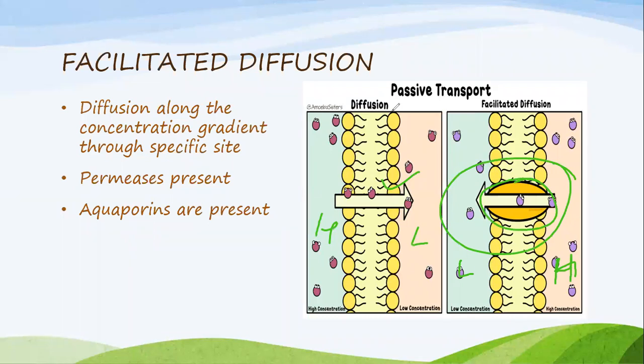Okay, and see, they have a specific configuration suitable to a particular particle, so a specific particle will pass with the help of a specific protein, permease. So if I talk about facilitated diffusion, the protein transporters include aquaporins. Now you will ask, what are aquaporins? Aqua means water and porins means again protein. These are special types of proteins that allow water. They give passage to water through them, and each water channel is surrounded by 8 proteins that allow water to pass from the cell.